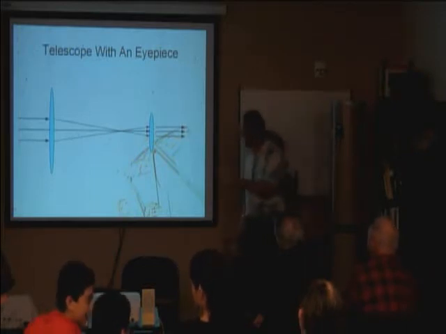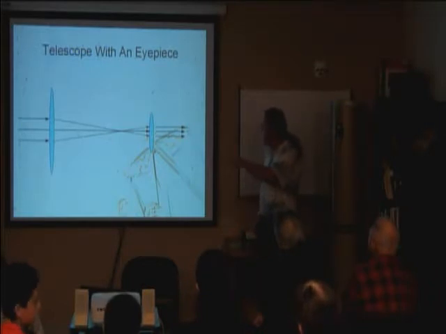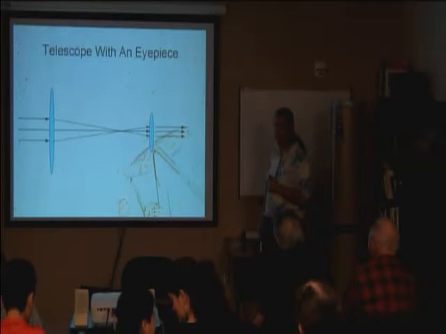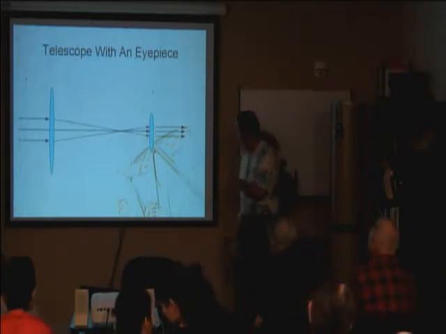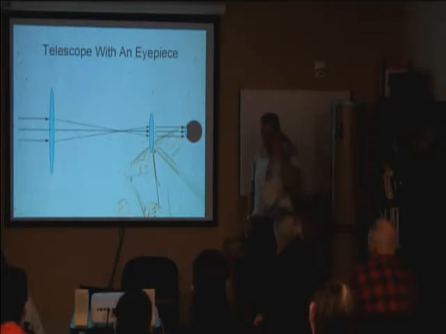So that's exactly the point that I want to make: with this system, we go in through a focus, and then this lens makes the rays parallel again. Correct? All right. And so at this stage, if I were to put my eye right here, it would look like that star was infinitely far away. Correct?